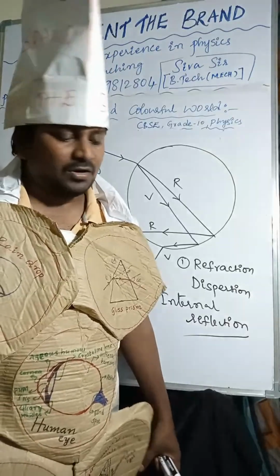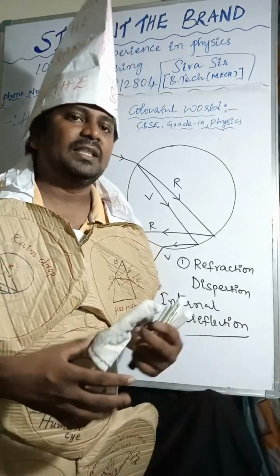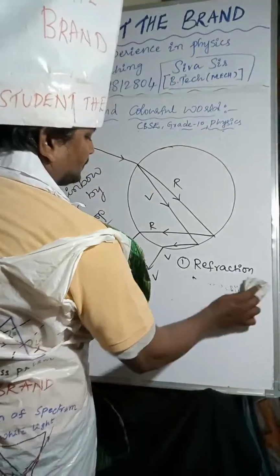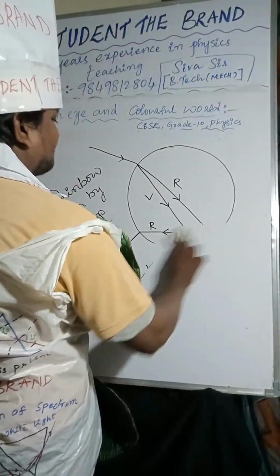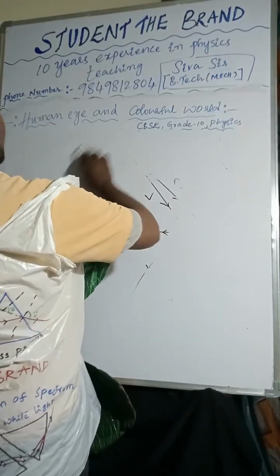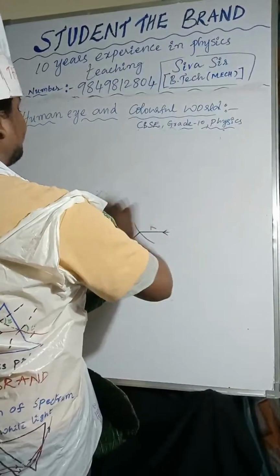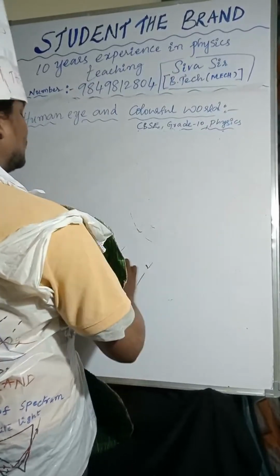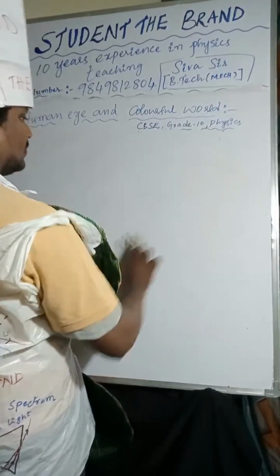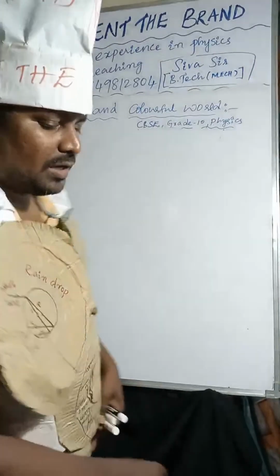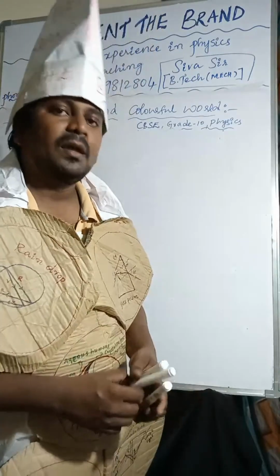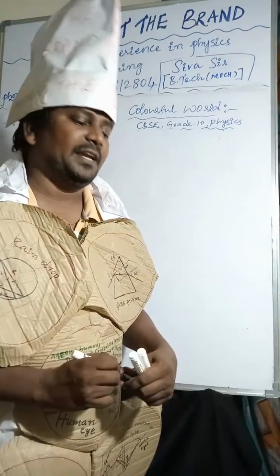So one more concept I'll explain. That is about scattering of light. So I'll discuss scattering of light. Before scattering of light, we'll go for atmospheric refraction.